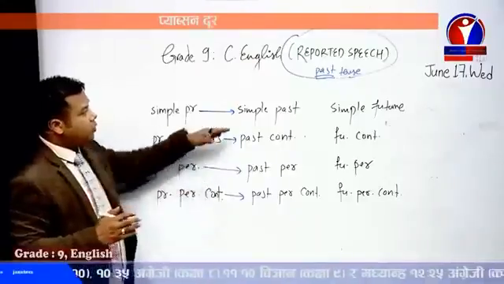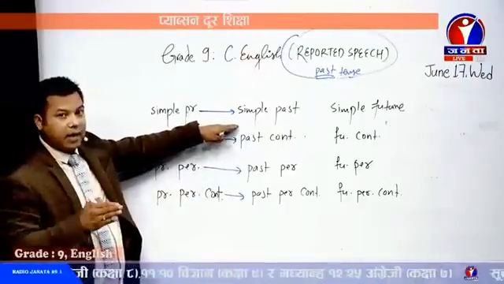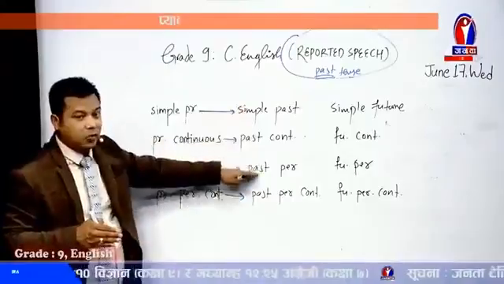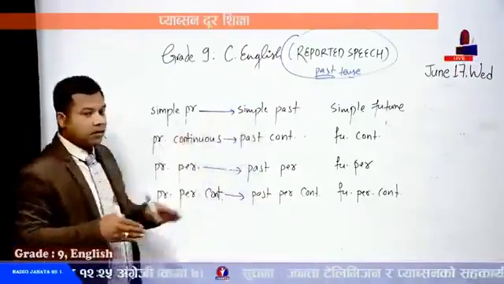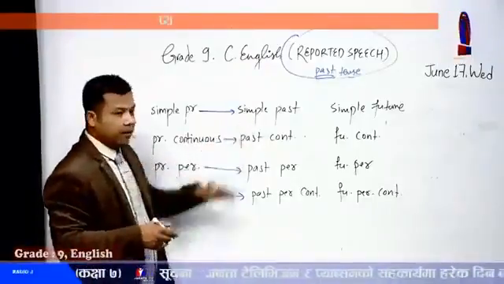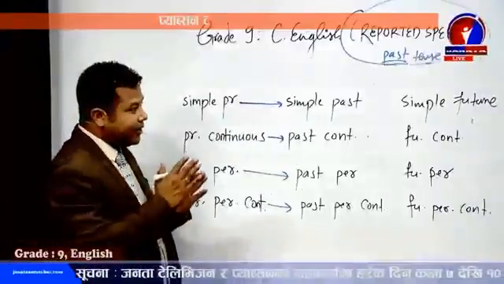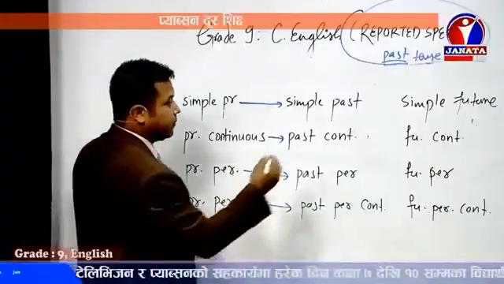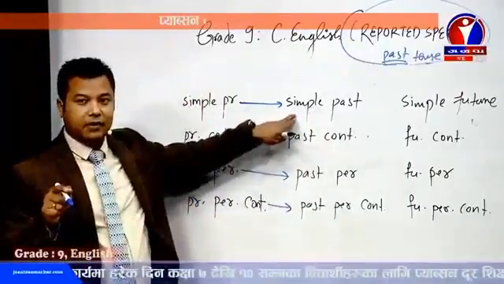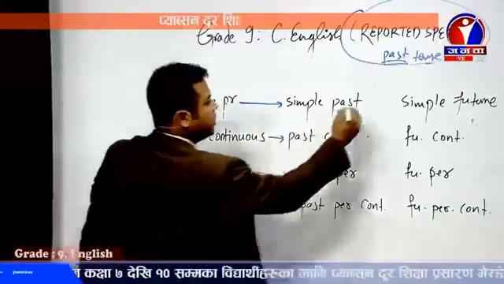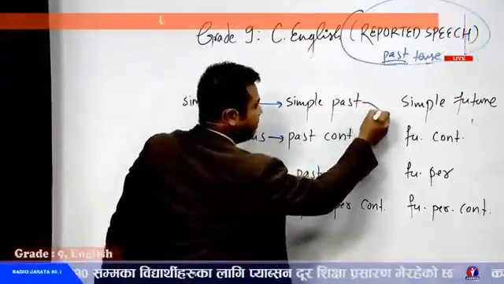Now, what if your speech in the direct is already past tense with all these varieties? Should you go back to present? Of course, no. So here, there is a tip and a quick understanding again. If your tense is simple past in the speech, we just need to jump one step further.